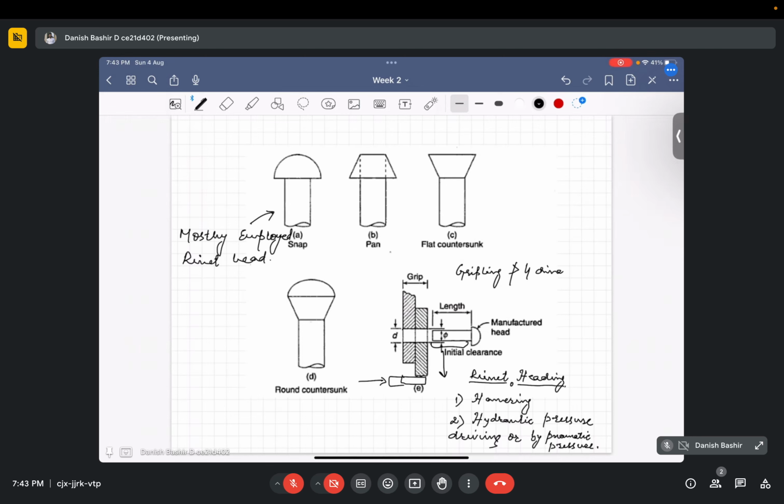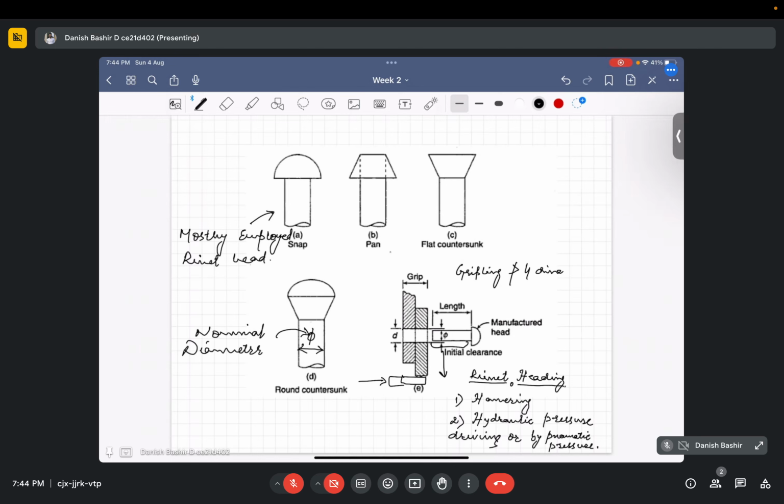Then moving forward, the diameter of the shank is known as the nominal diameter.